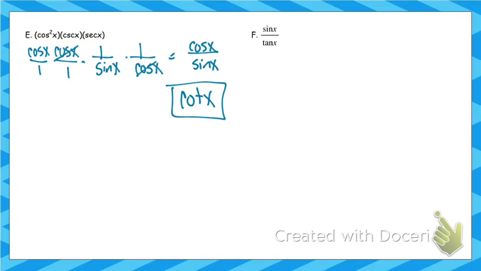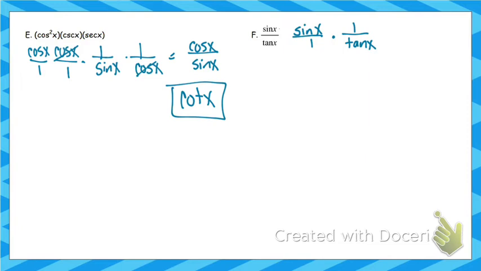All right, now let's look at this one. Okay, so what I'm going to do, this is sine x divided by tangent. Now, when we start dividing, it gets a little bit tricky. So I'm going to go ahead and rewrite this as sine x over 1 times 1 over tan x. Okay, because that's the same thing, it's just written a little bit differently. That might make it a little bit easier to see.